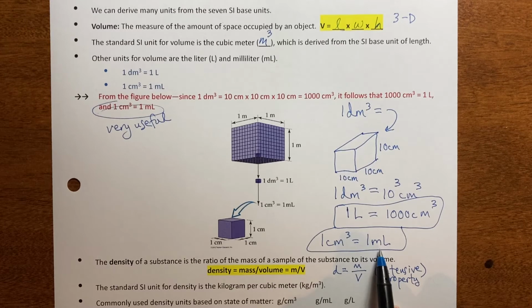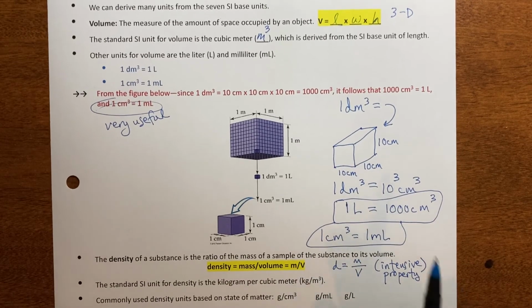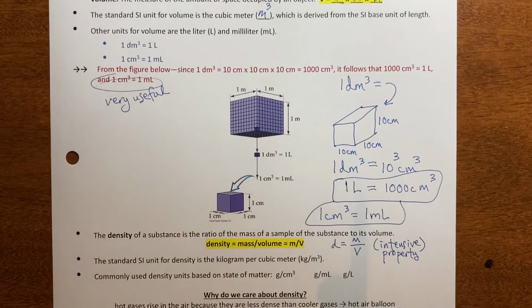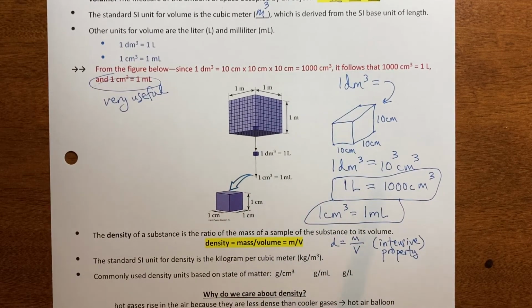And you heard me say that earlier in the video. I said the sugar cube is about the size of a gram. That's because a lot of these things were based on water, and we've defined the density of water to be 1 gram per milliliter. So 1 milliliter of water is about 1 gram of water. So like I said, about the size of a sugar cube.